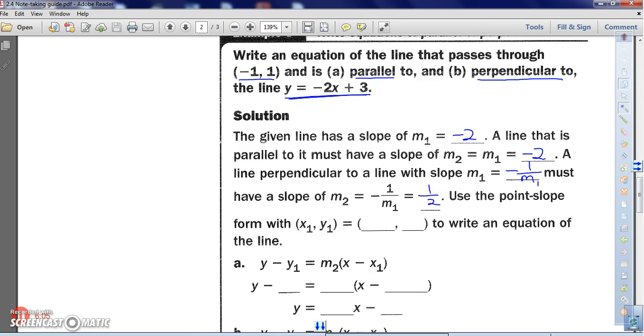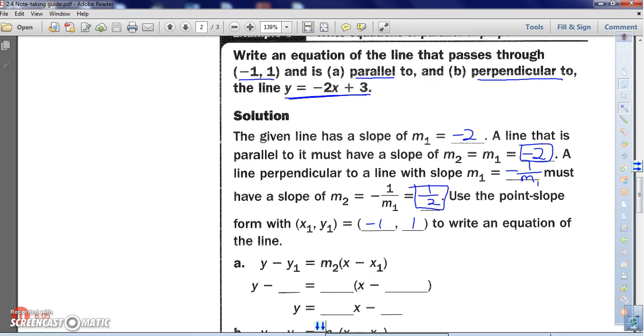And so we have our slope for our parallel line, which is negative 2, and we have our slope for our perpendicular line, which is 1/2. Now, the point the line goes through is the point negative 1, 1. So that's my x1 and my y1.